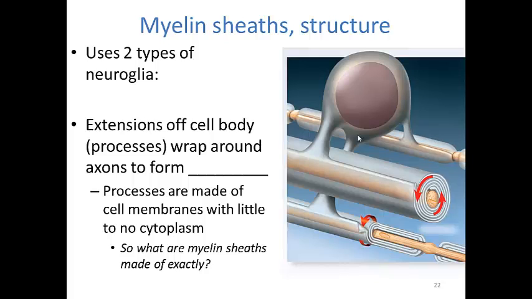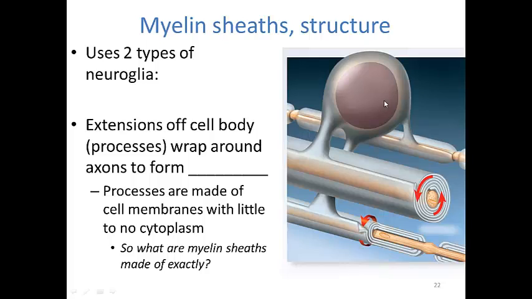Neurons in the brain are associated with neuroglia called oligodendrocytes, whereas neurons in the peripheral nervous system are associated with the Schwann cells. Basically, to form a myelin sheath, extensions of the Schwann cell or oligodendrocyte wrap around an axon.